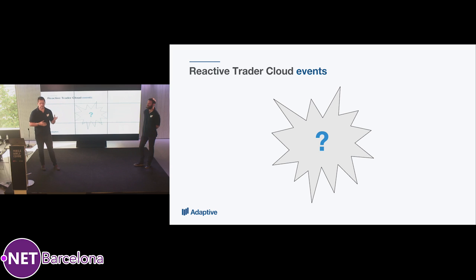If we think about how many events there are in Reactive Trader Cloud, there are 3 different types of aggregates, which we're going to talk about in 2 seconds, and then there are about 7 events in total. So there are only 7 events that make up all of the complexity of the application you just saw, which to me makes it seem really uncomplex and really simple, because you can really easily keep 7 events in your head and reason about what they do and where they flow and how they interact.